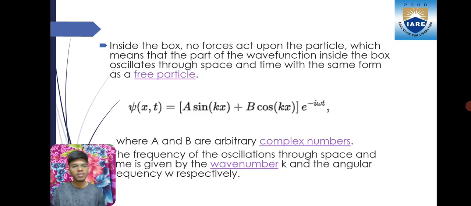The frequency of the oscillations through space and time is given by the wave number k and the angular frequency omega, respectively.